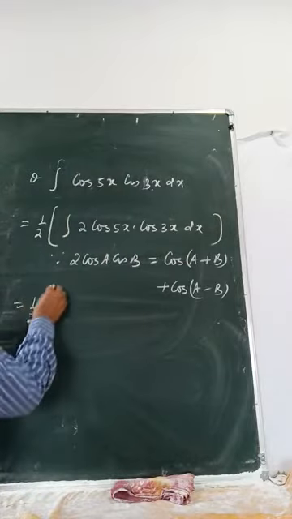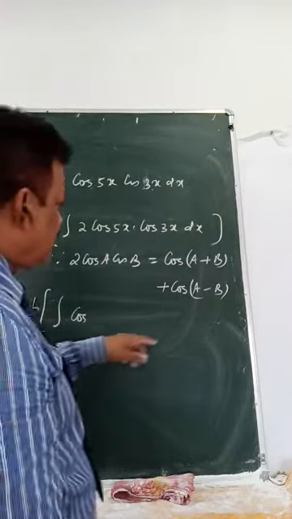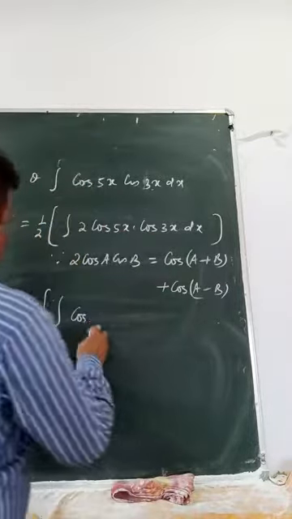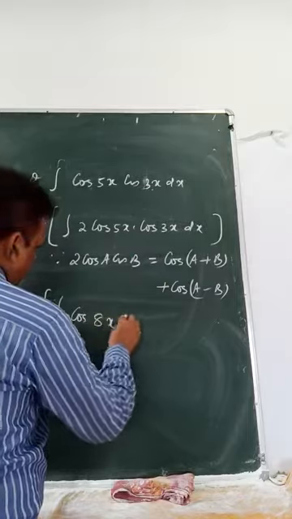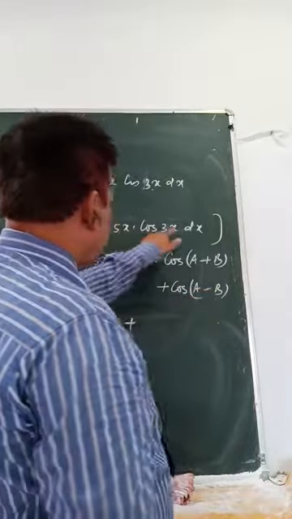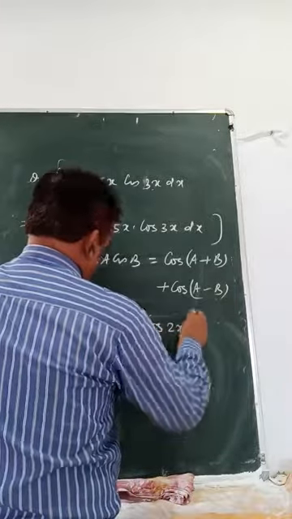So that is half of the integral. Now you can write directly: cos(a plus b), 5x plus 3x, cos 8x, and cos(a minus b), 5x minus 3x, cos 2x.